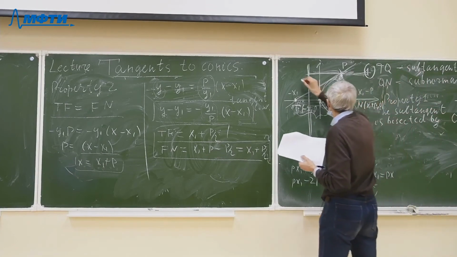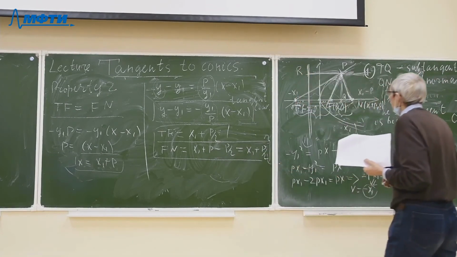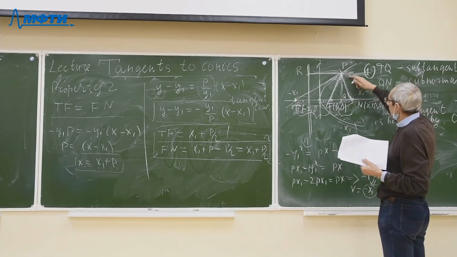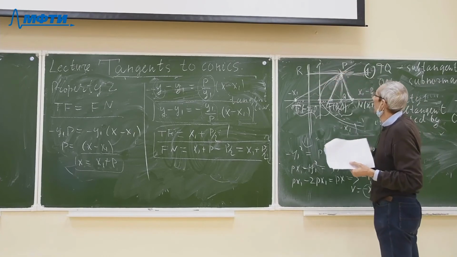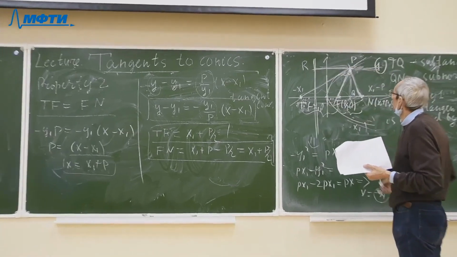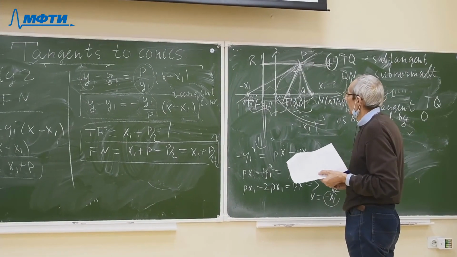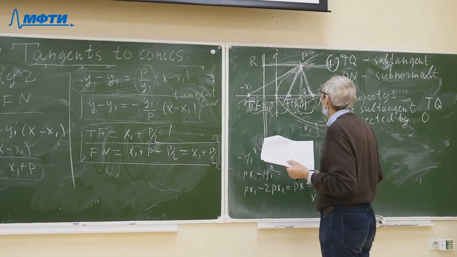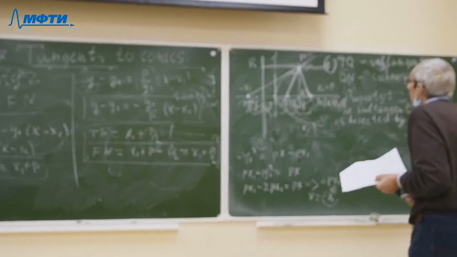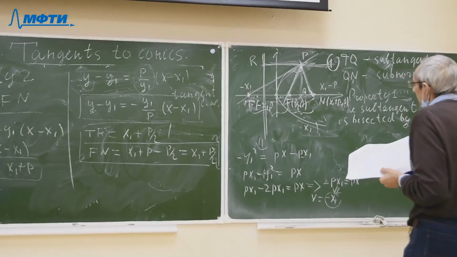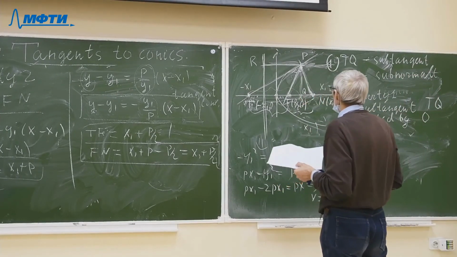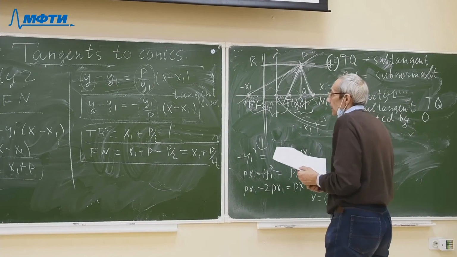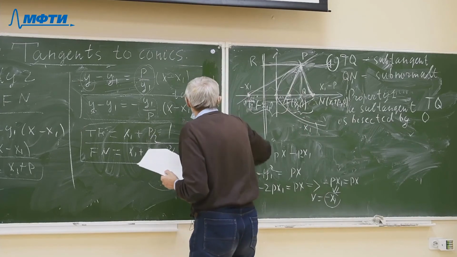Let R be the intersection point of the straight line which passes through P and is parallel to the axis OX. PR is perpendicular to the directrix. And let's compare the two angles.